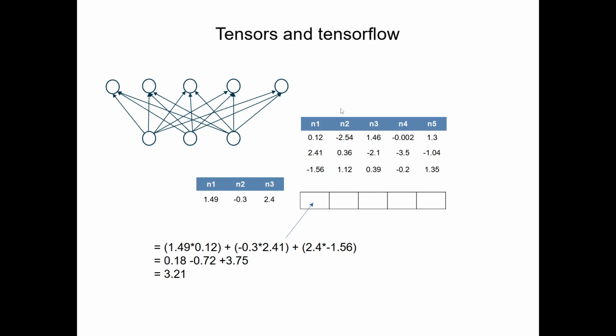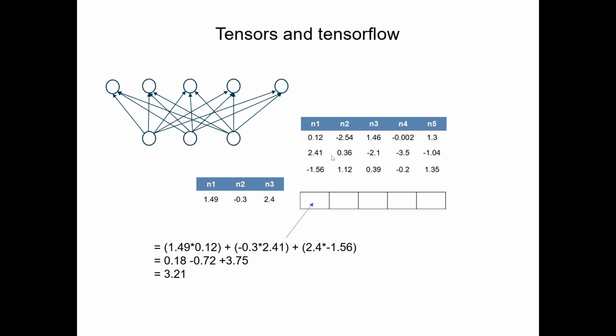To calculate the output of each of my 5 neurons, I need to take the value of the 3 neurons and multiply it by the associated multiplier coefficients, the weights. So it is represented in the form of a table like this, which are tensors as I mentioned.